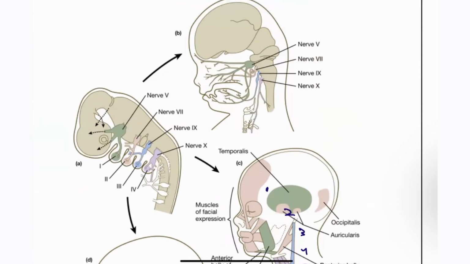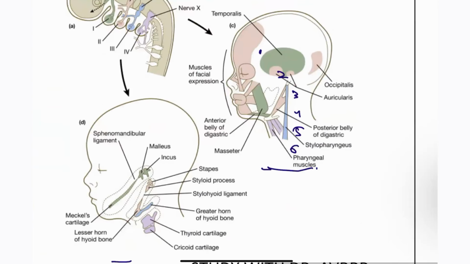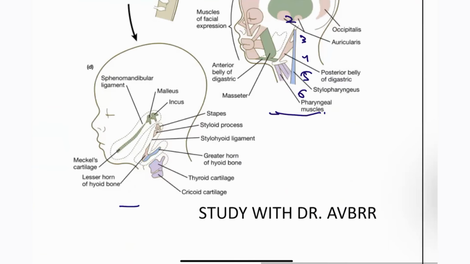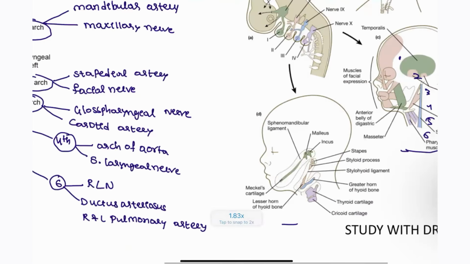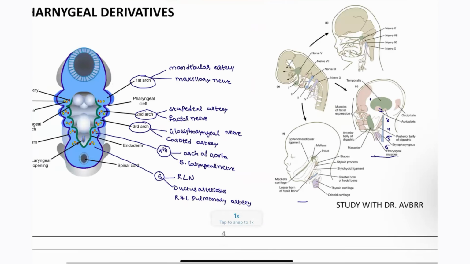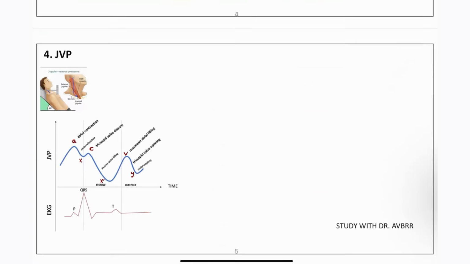What are the nerves that are going to come from here? Next, another thing you have to remember here: what are the muscles and what are the structures? Just yesterday we discussed the derivatives derived from these structures. You don't have to remember all the structures, but at least remember the nerve and artery from these pharyngeal derivatives.